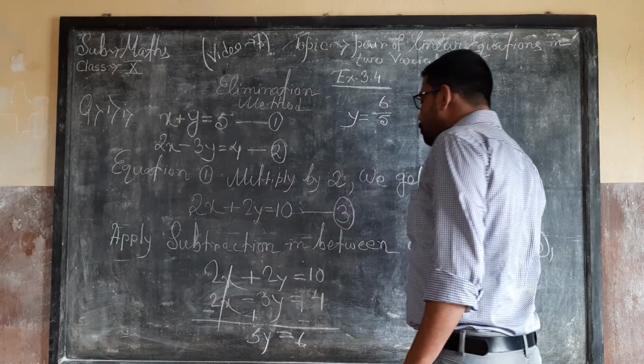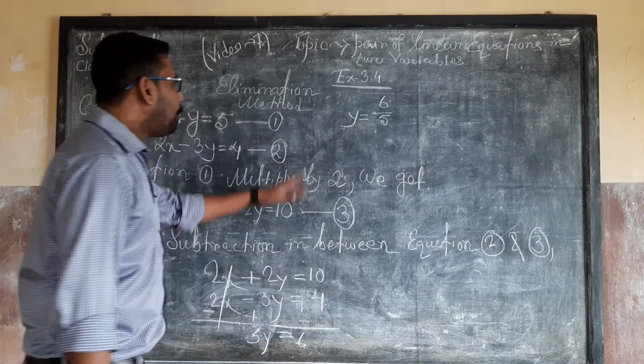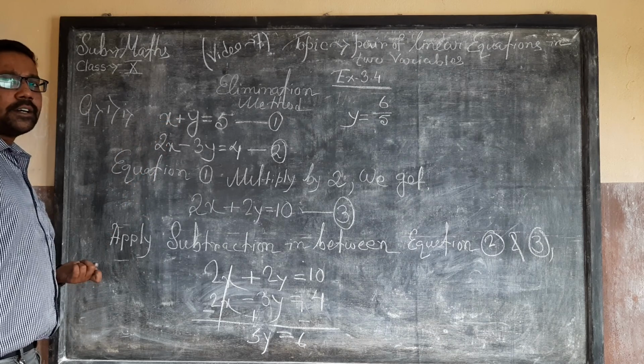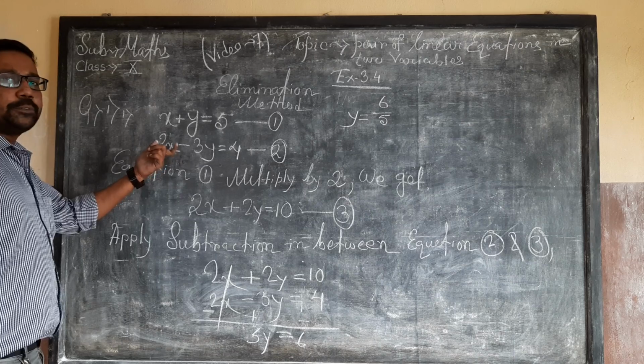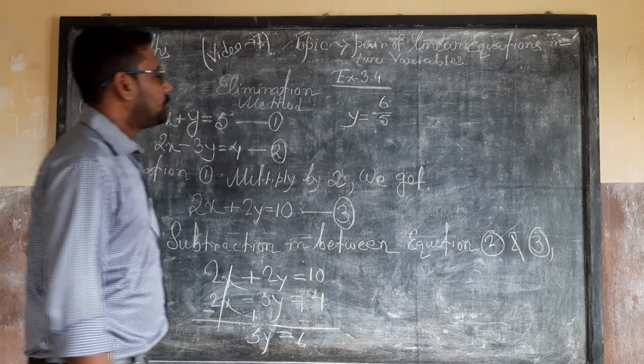After finding the value of y is equal to 6 by 5, put the value of y in either equation 1 or equation 2 and get the value of x.